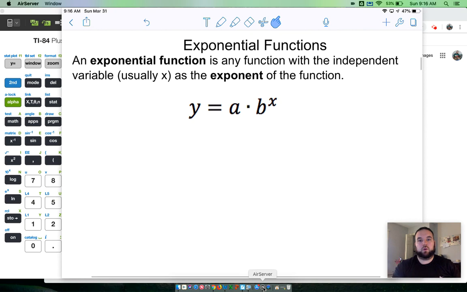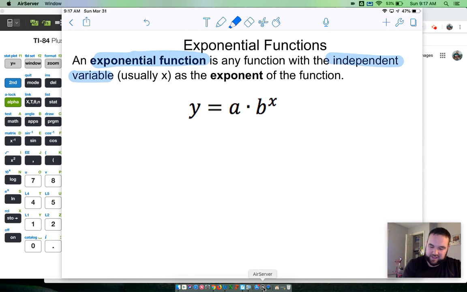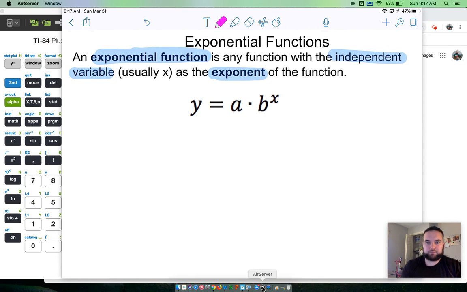Okay, so what we just plugged into the calculator are what are called exponential functions. And an exponential function is defined as anything that has the independent variable as the exponent. Okay, so the key difference is, like in chapter 4, we talked about y equals x squared. And even though this has an exponent, that exponent is fixed as 2.